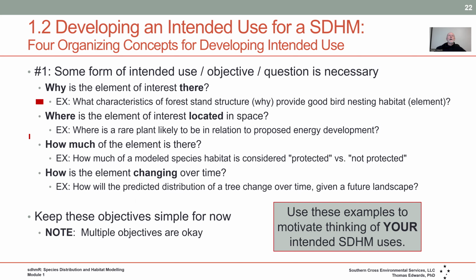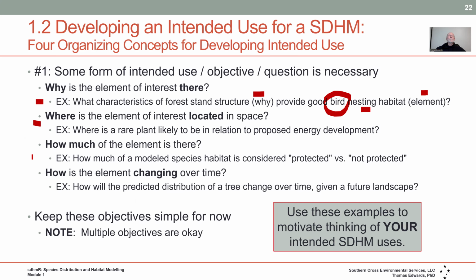When it comes to the why is it there, what characteristics of forest stand structure, the why, provide good bird nesting habitat element? Now you can put in whatever bird you want there. You can put in whatever element of its life history you want there.